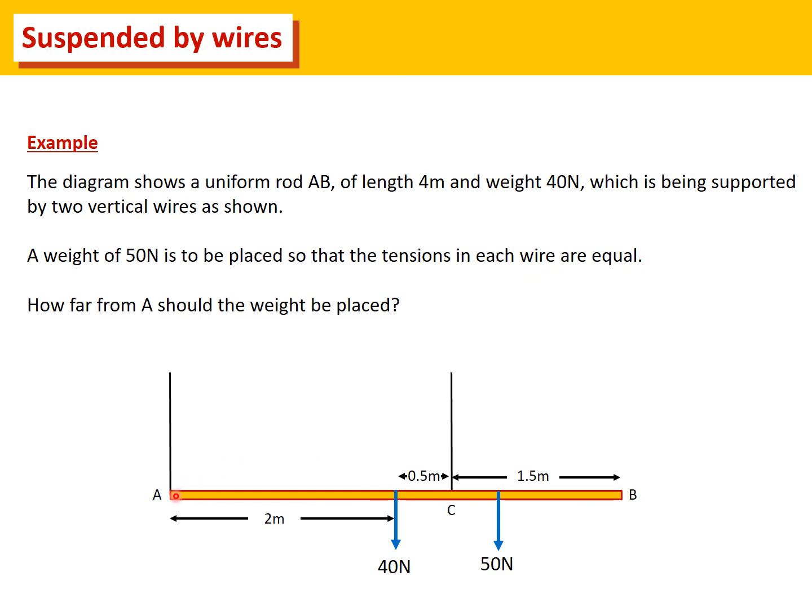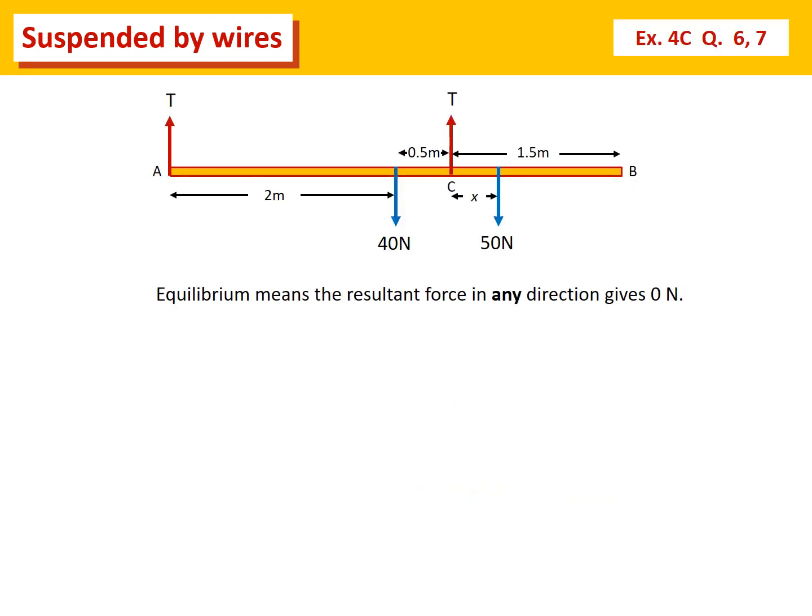Therefore, we have to mark on a tension force at A and a tension force at C. So now our force diagram looks like that. Equilibrium means the resultant force in any direction gives 0. So vertically, we've got 2T upwards and 90 newtons downwards. So T equals 45 newtons.